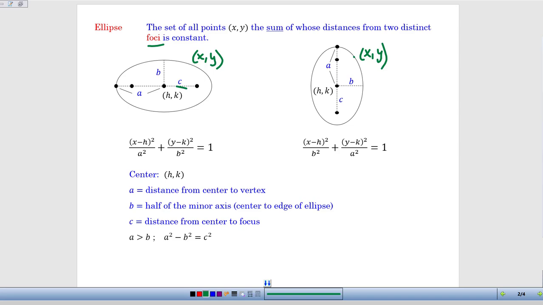And that's true for any ellipse. Now that distance will change from ellipse to ellipse, but if I take the sum of those distances to every single point, we end up with the same number every time.